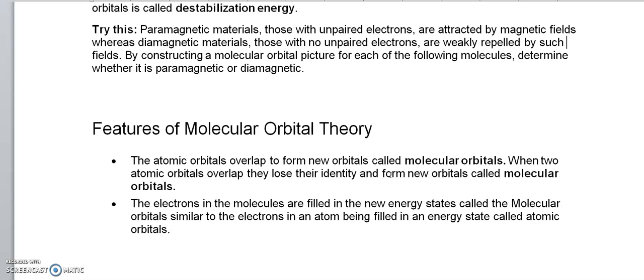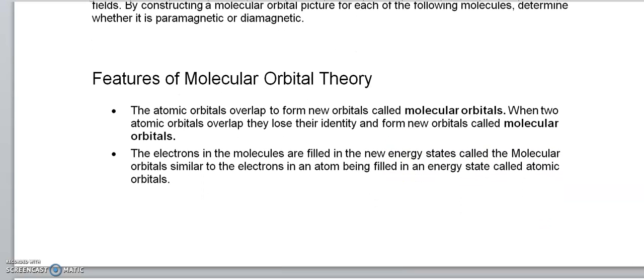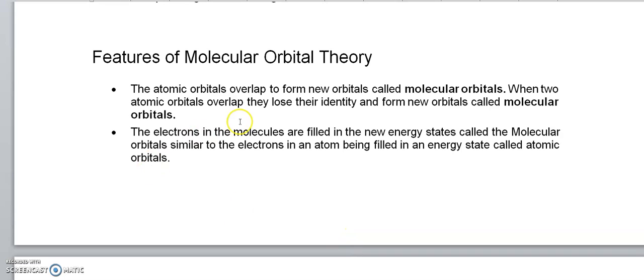Similar to this, two atomic orbitals combine to give a molecular orbital, losing their identity and giving a new product. And the electrons in molecules are filled in the new energy states called molecular orbitals, similar to electrons in an atom.